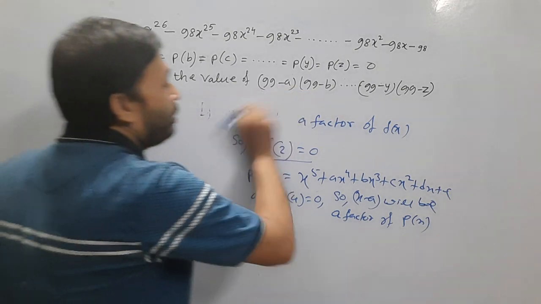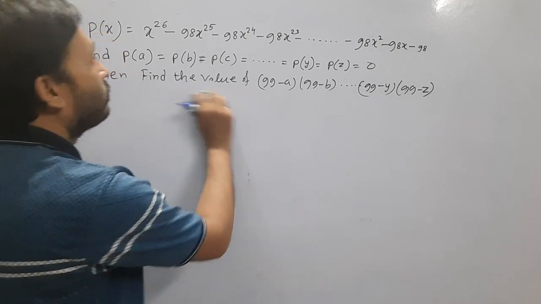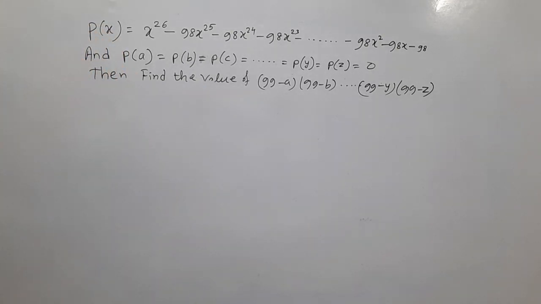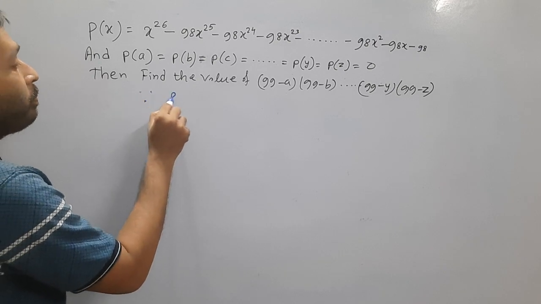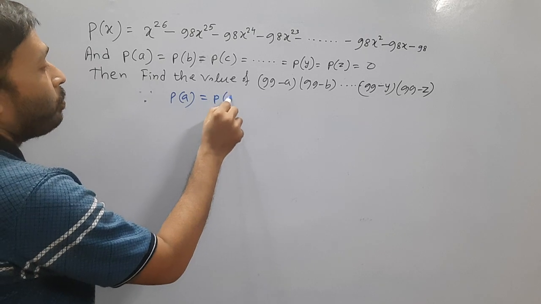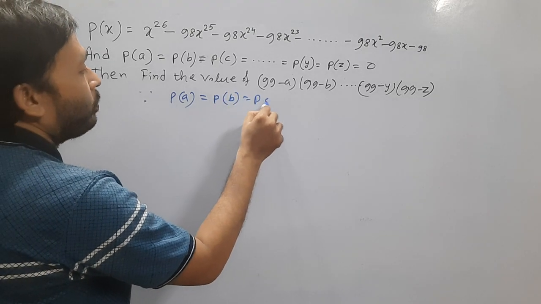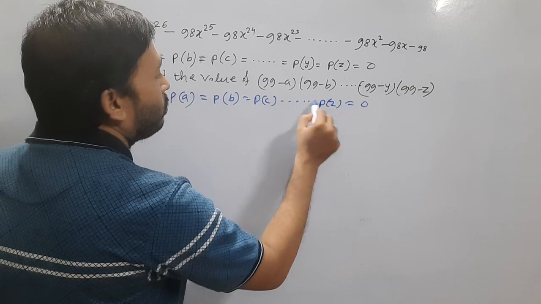Now we can write, therefore, p of a is equal to p of b is equal to p of c, and so on up to p of z, is equal to 0.